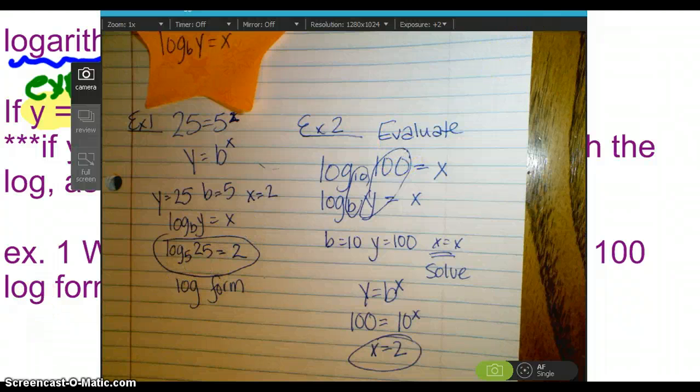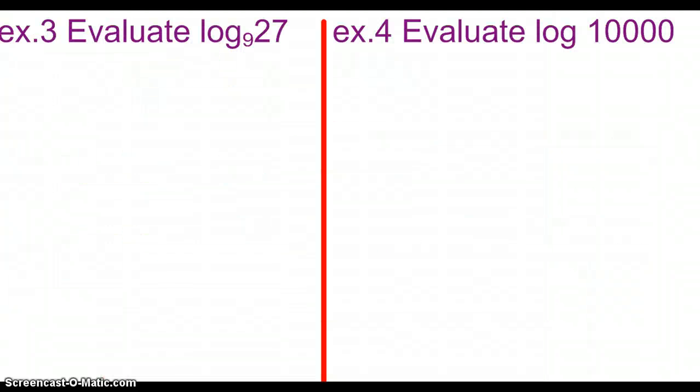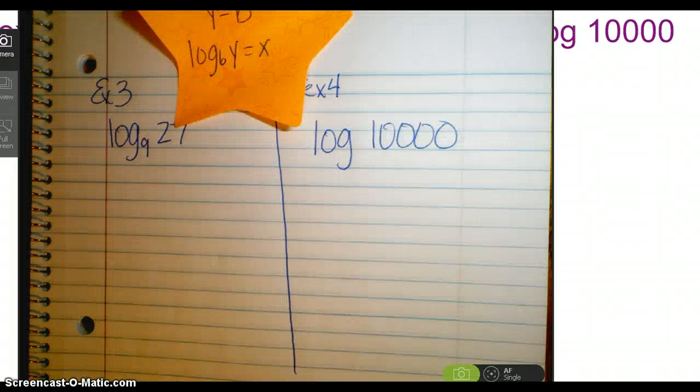Okay, let's take a look at the next one. Now we have two problems here, and both of them are evaluate. So let me flip my camera on here for a minute.